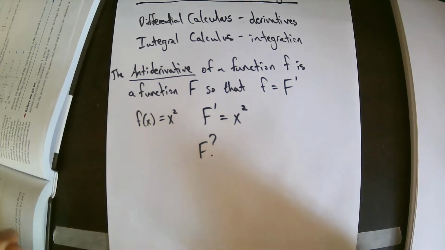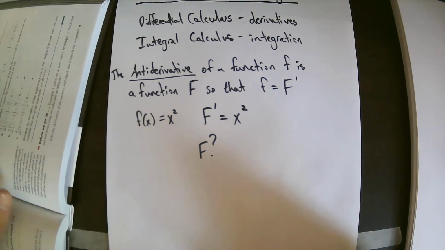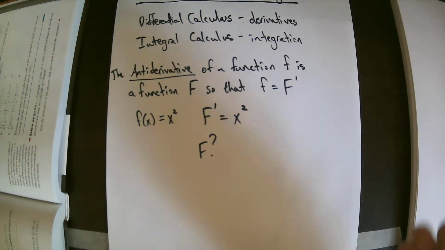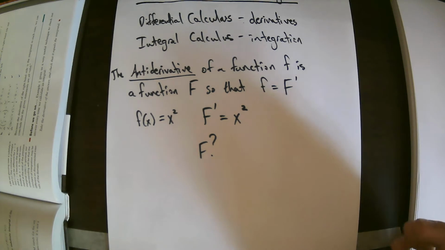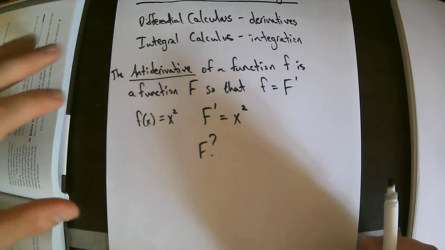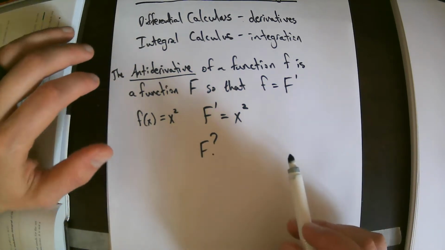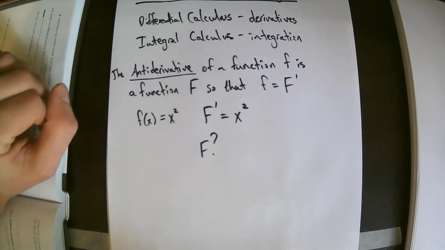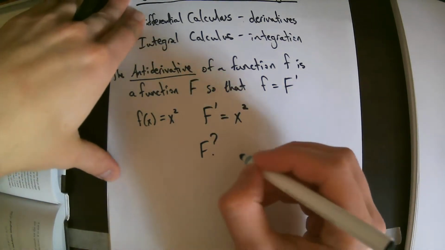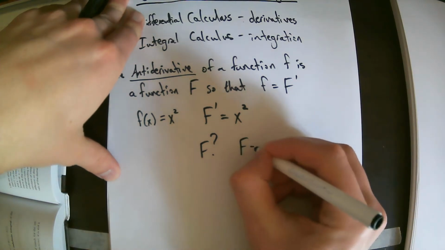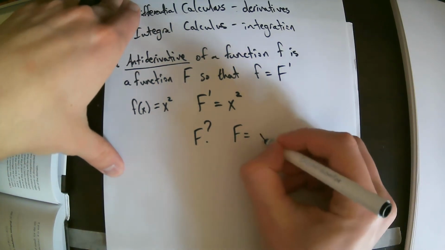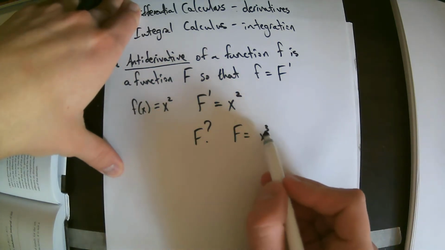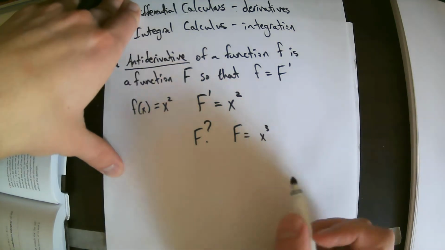Try to think, pause the video and see if you can figure out: write down a function, take its derivative so you can remember how the power rule works, and then think of a function so that when you take its derivative, you get x squared as the result. So you may be thinking capital F needs to definitely have a power of 3, so that when we decrease the power by 1, we'll have x squared.